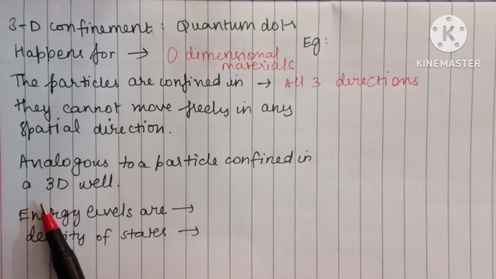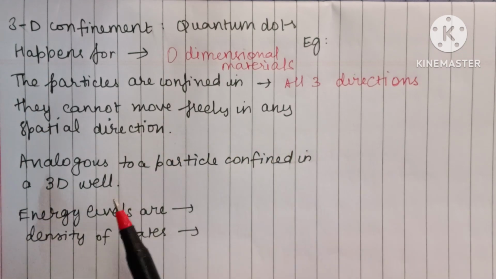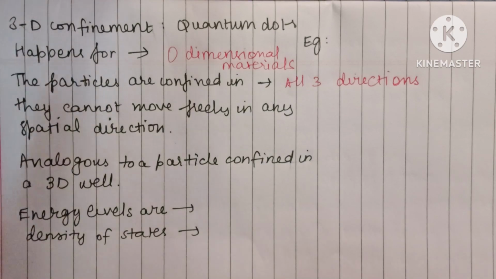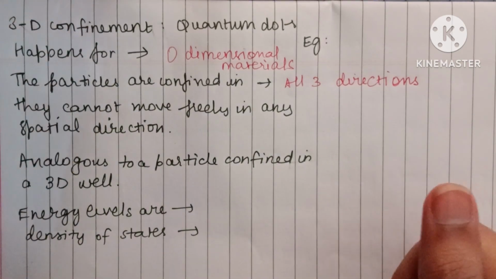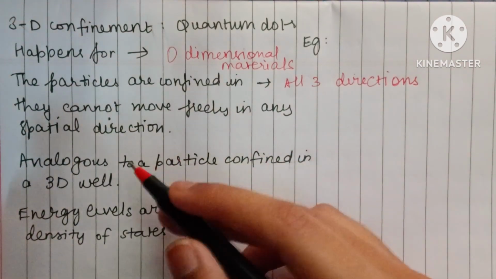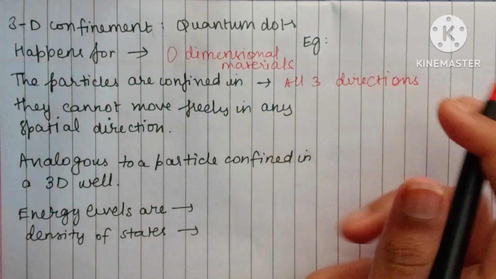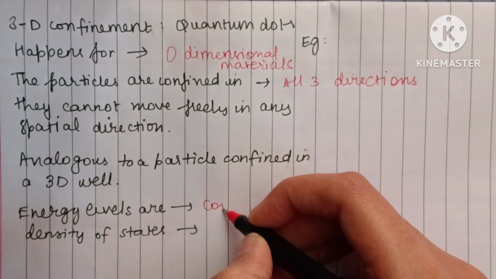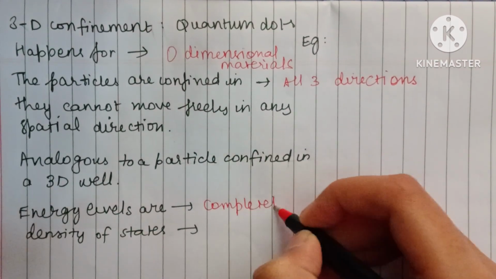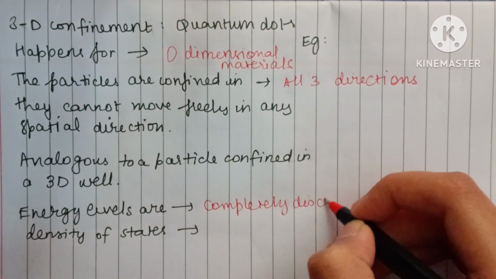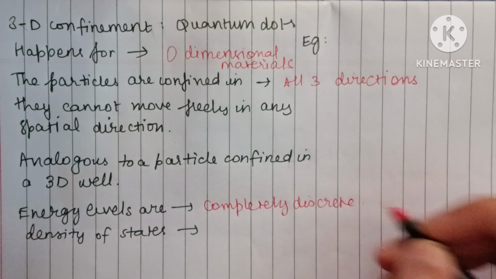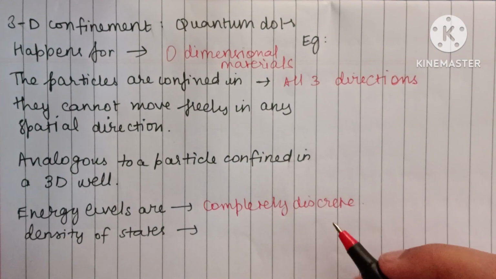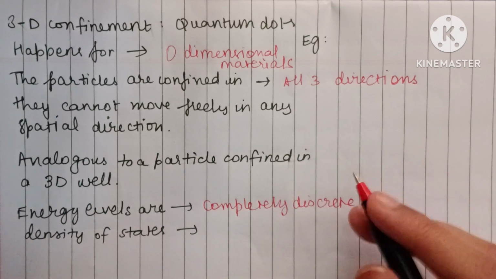This scenario is analogous to a particle confined in a 3D well. For example, in a tiny 3D box, a particle cannot move upwards, downwards, or out of the box. Now, the energy levels are completely discrete. This means that it can only have specific energy levels. These energy levels are not smooth or continuous.